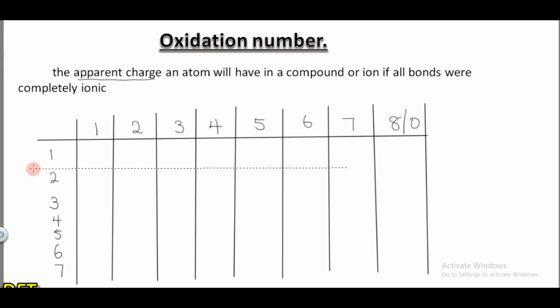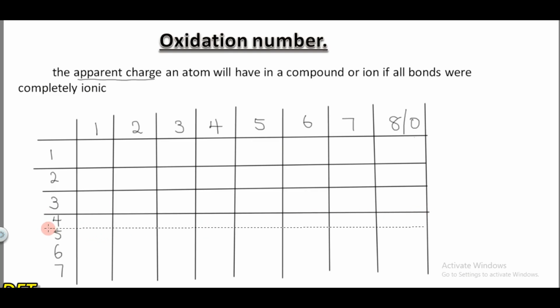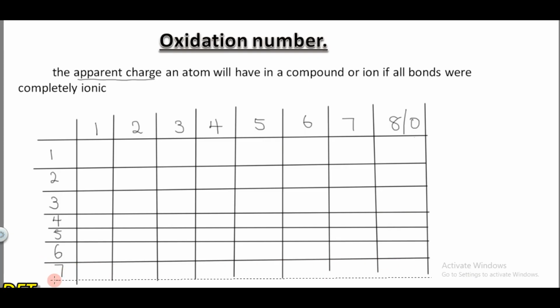So this is period 1, this is period 2, period 3, period 4, period 5, period 6, and this is period 7. So from up to down is group, then from left to right is the period, right?